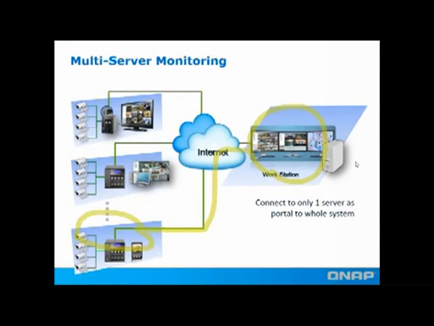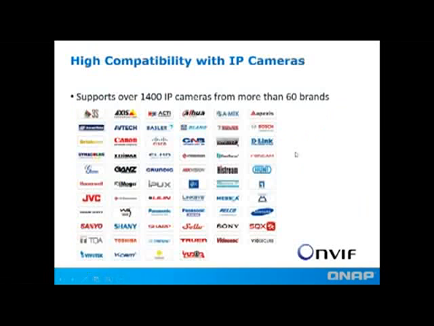This is a free feature, and you can use it with as many QNAPs as you want to combine them together. The users will just see one interface, but with video images from different servers. And here we talk about our camera compatibility again.